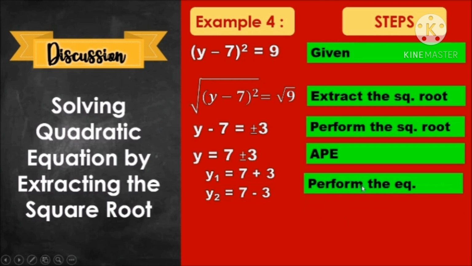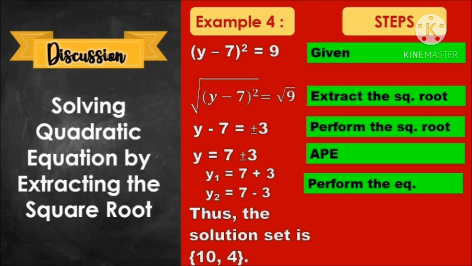Then, we perform the two equations na nakuha natin, and that will give us 7 + 3 is equal to 10, and 7 - 3 is equal to 4. Kaya ang sagot natin kay example number 4, (y - 7)^2 = 9, ay 10 at 4. And that will be the answer.